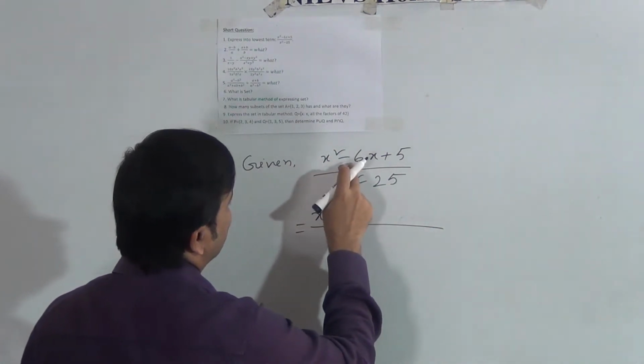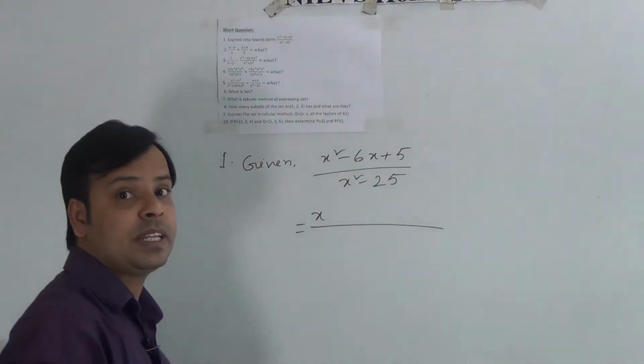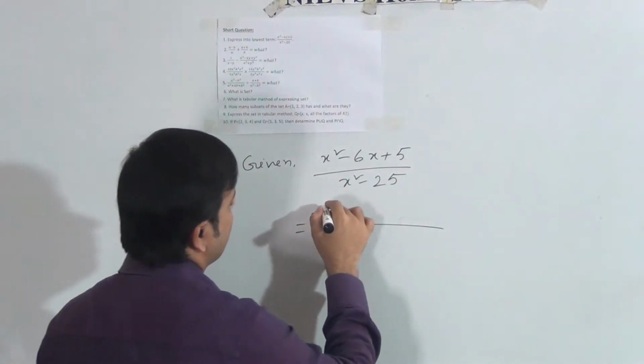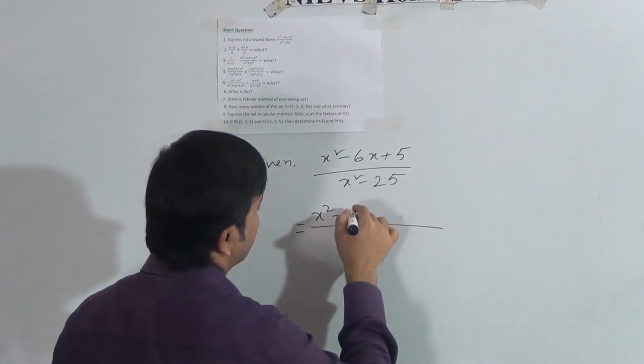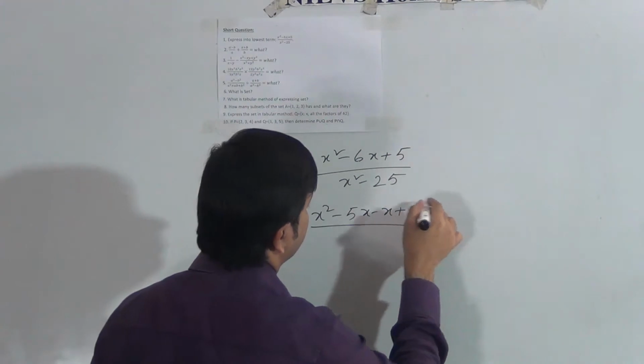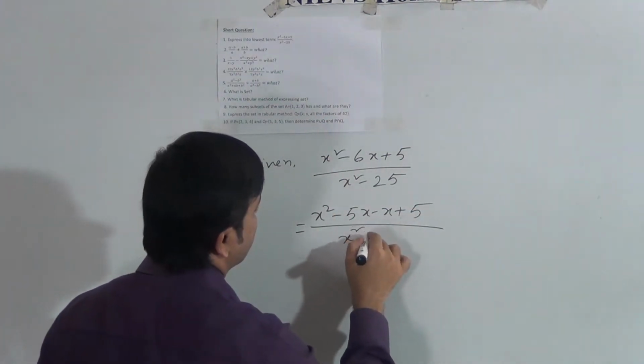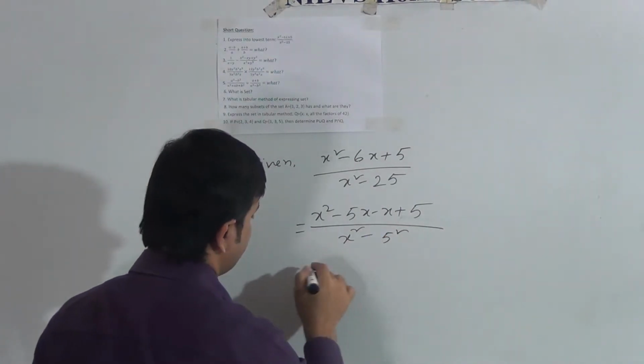Here x square minus 6x plus 5. If you want to factorize this, you have to apply the middle term method. So you can write here x square minus 5x minus x plus 5. In the denominator you can write x square minus 5 square.